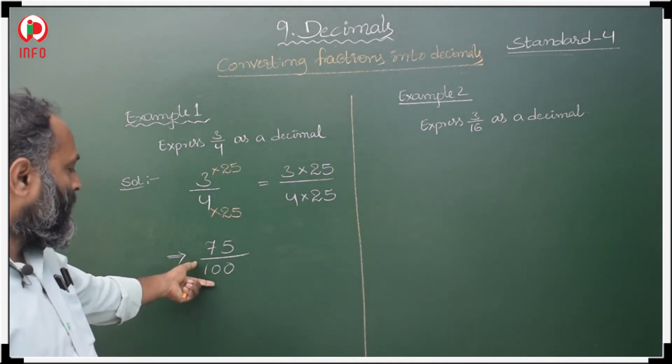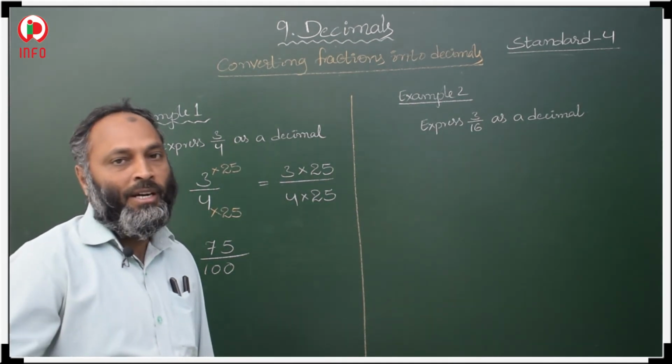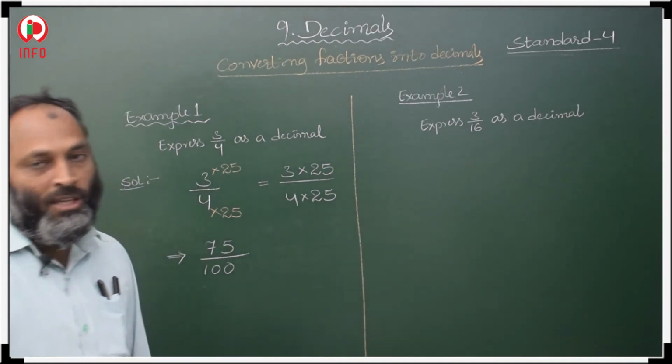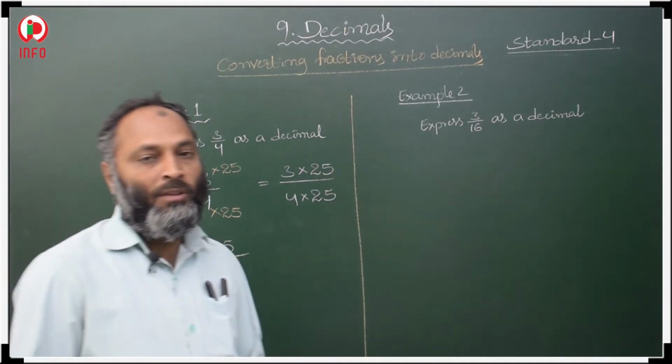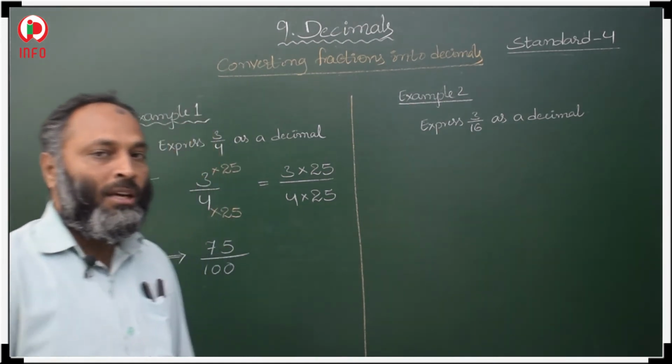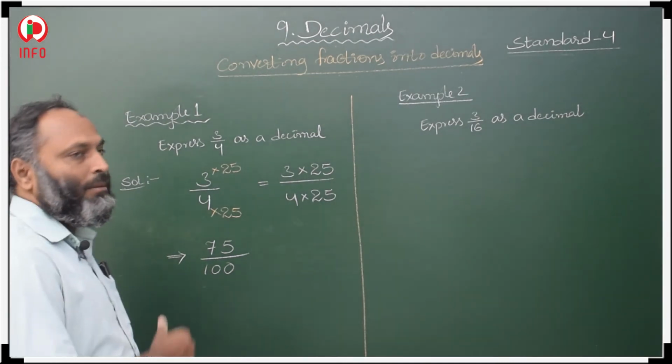In this way, our denominator we have to change into 10, 100, 1000, 10,000. First we have to think whether it is possible, and what number should be multiplied to get such numbers. Then we multiply with that number.